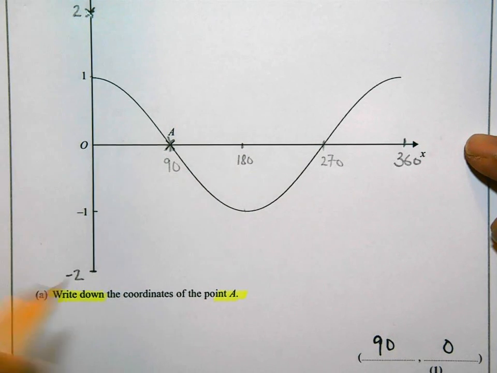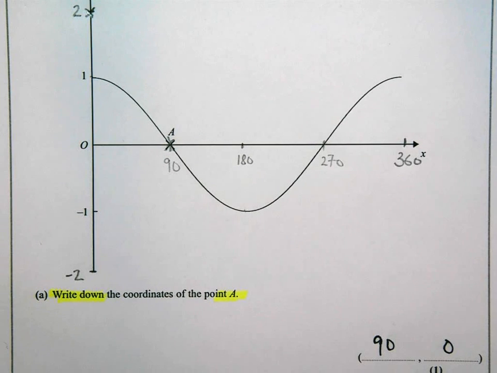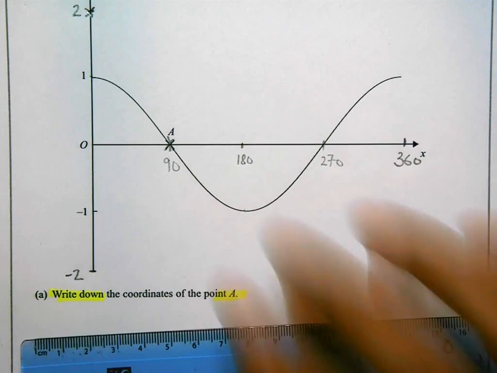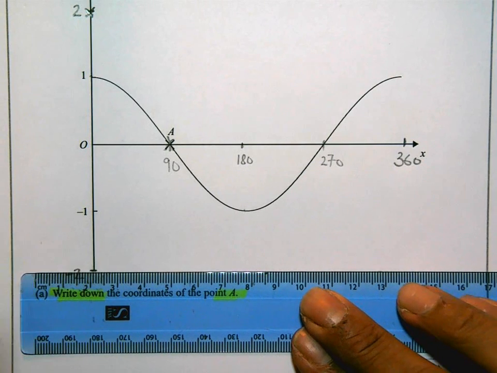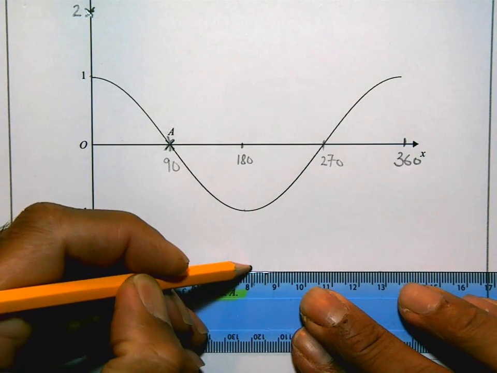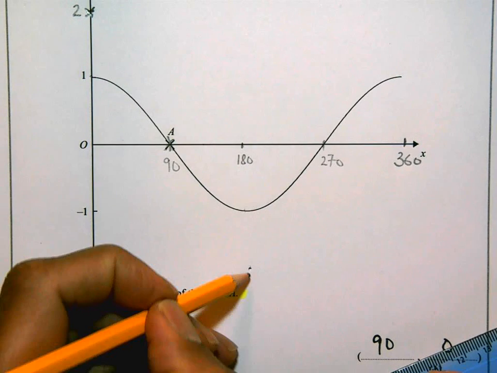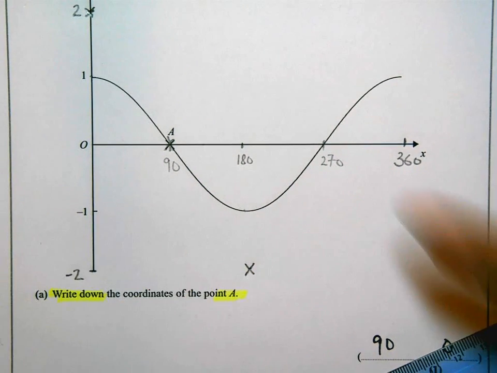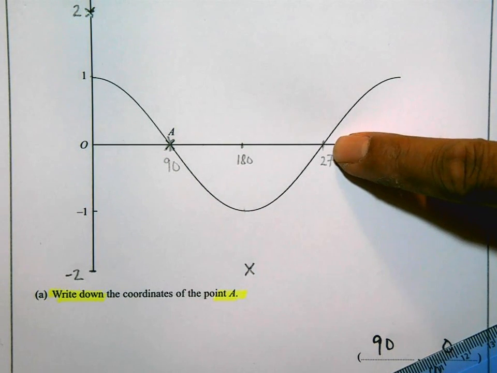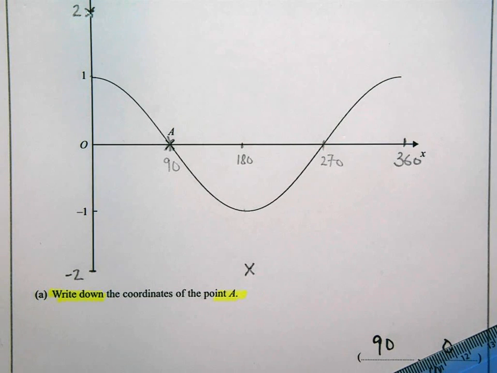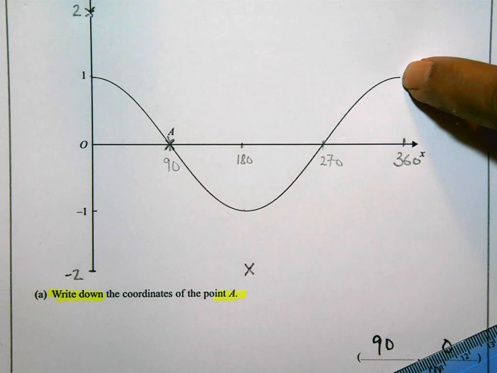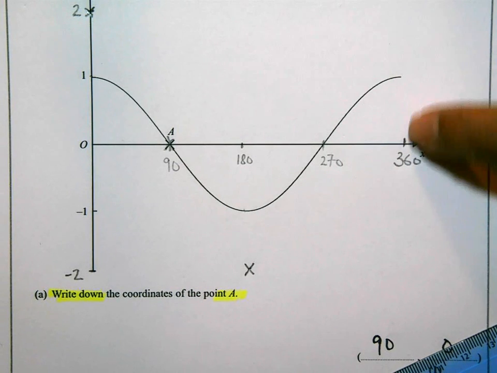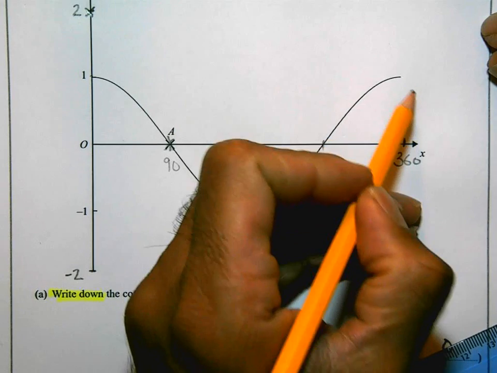And if I use a ruler to help me line this up properly, okay, cos of 270 is 0, so 2 lots of 0 is 0. Cos of 360 is 1, which is there. And 2 lots of cos of 360 is going to be 2, which is twice as high up.